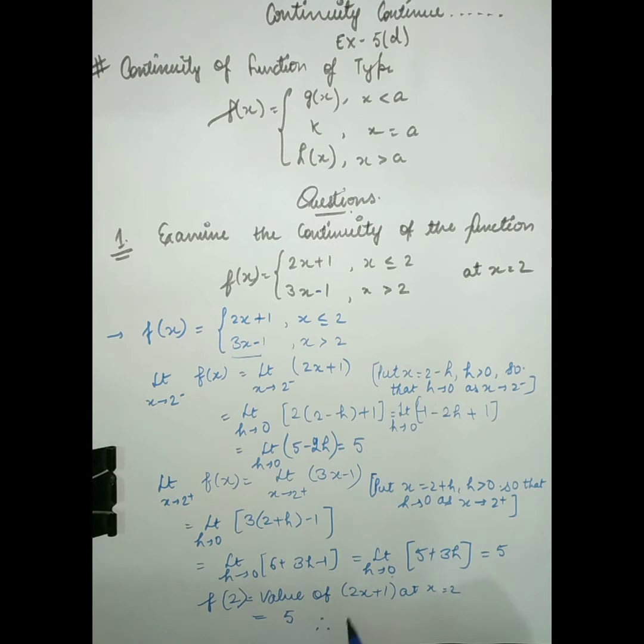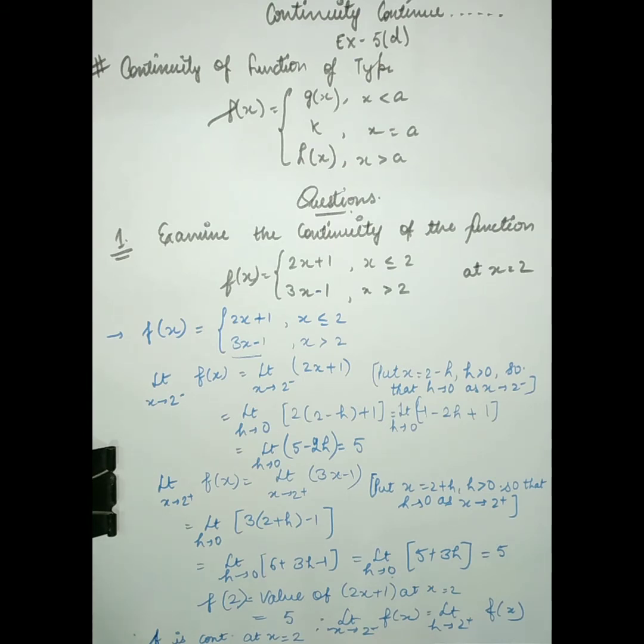Therefore limit x approaches 2 negative of f of x equals limit x approaches 2 positive of f of x, that means the left hand limit equals the right hand limit. So therefore the function f is continuous at x equals 2. So the given function is continuous at the point x equals 2.